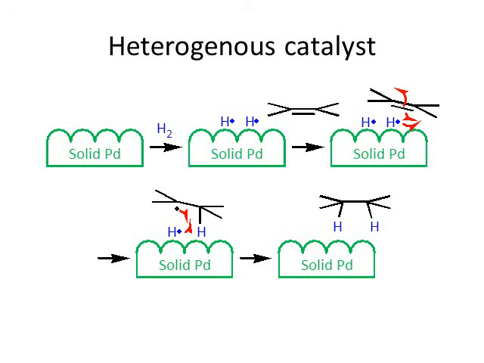In reality, you will get 99.99% syn addition, and the reason for that is to get anti-addition, what would have to happen is this molecule would have to float up away from the surface, flip over, and then float back down to the surface, and have it interact with a hydrogen on the other face. But since this second step is so rapid, this is going to give you really syn addition.